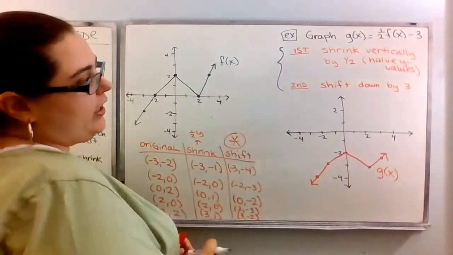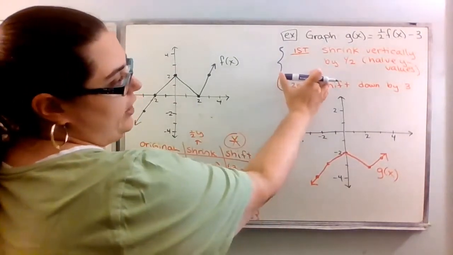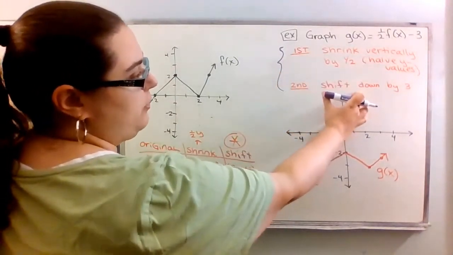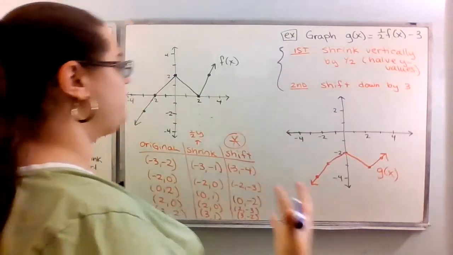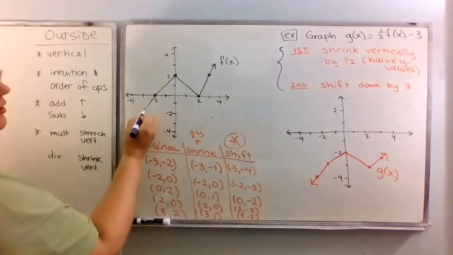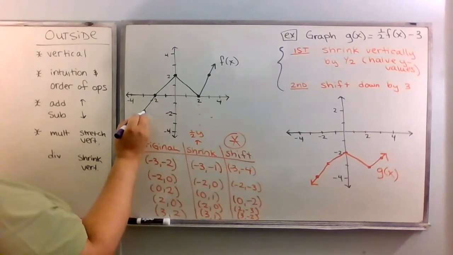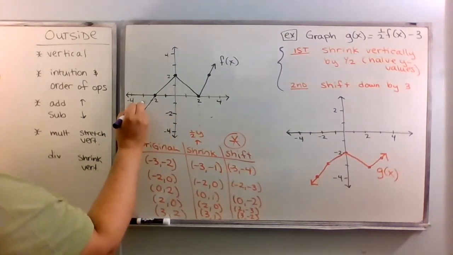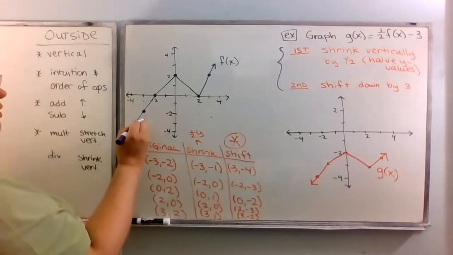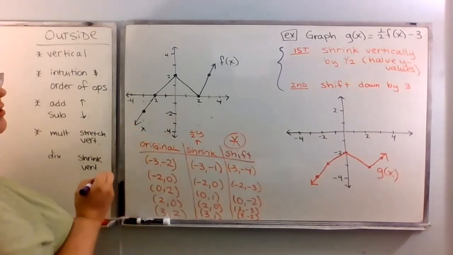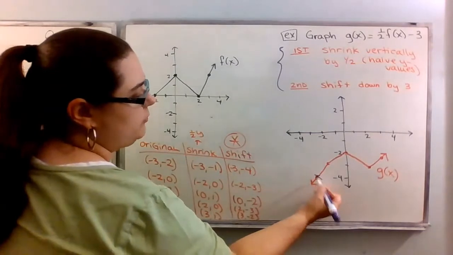If I know that I'm shrinking the vertical value by a half and then shifting down by 3, here's how I would do that. I would start at this point, -3, -2. Shrink it by half means I have to cut this value in half. So I'm at -1. Then I shift down 3: 1, 2, 3. So that would be this point here.